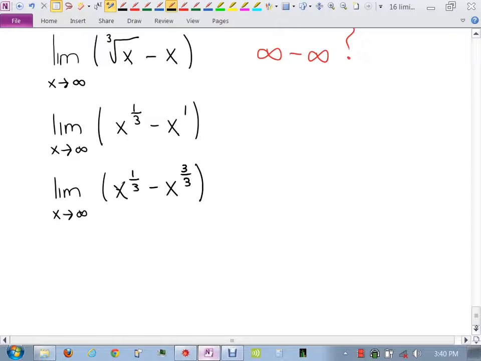Can I factor that? What can I factor out of both of those? x to the 1/3. What would I be left with? x to the 2/3. Good. Because when you have the same base, you add the exponents. 1/3 plus 2/3 is 3/3.